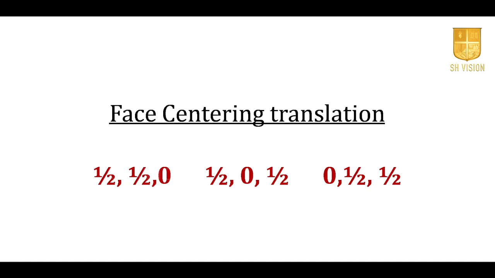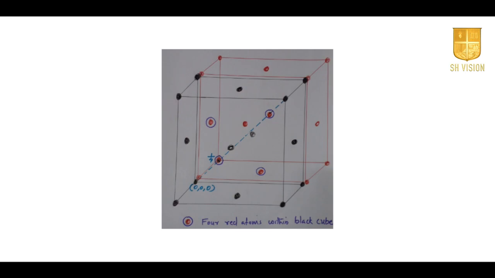And these 3 units, that is half, 0, half; half, half, 0; and 0, half, half, are known as face centering translations. By repeated application of these face centering translations at any lattice point on this black cube, we will be able to reach all the lattice points associated with the black cube.